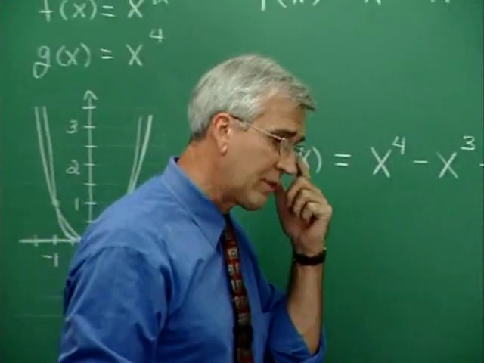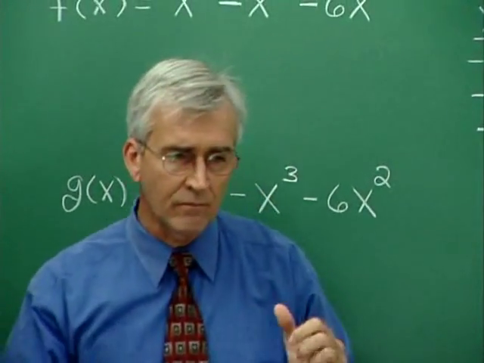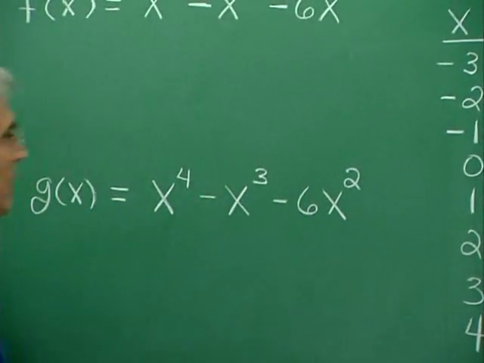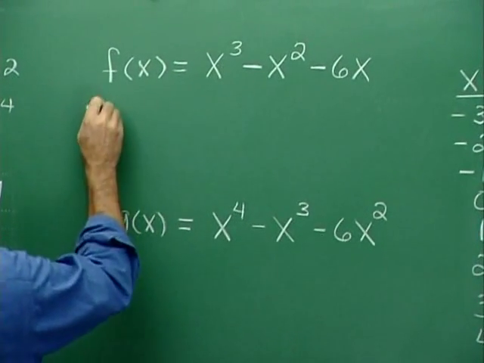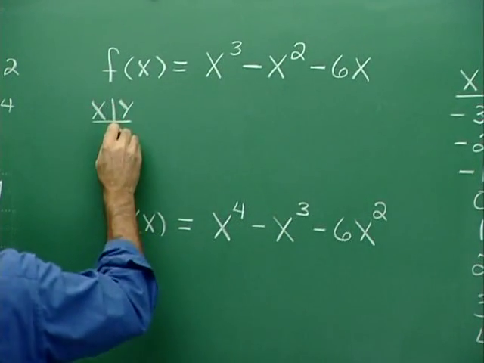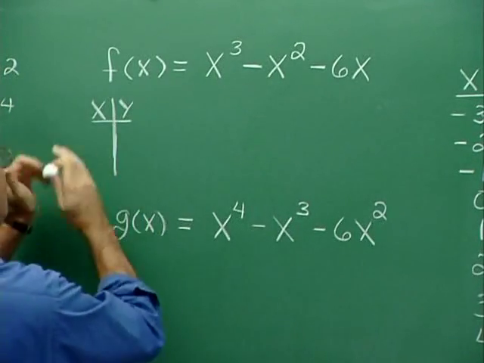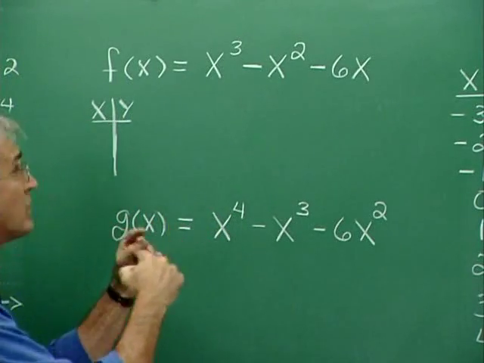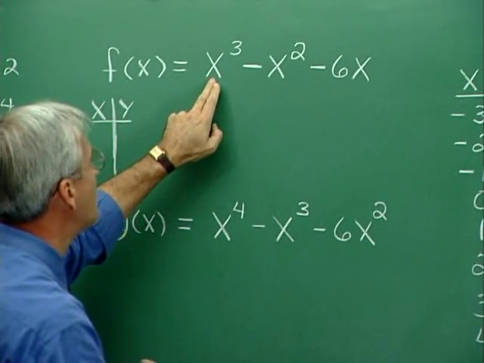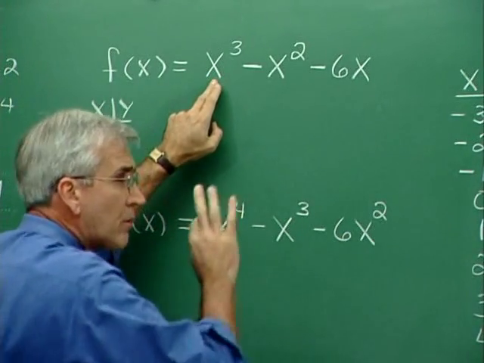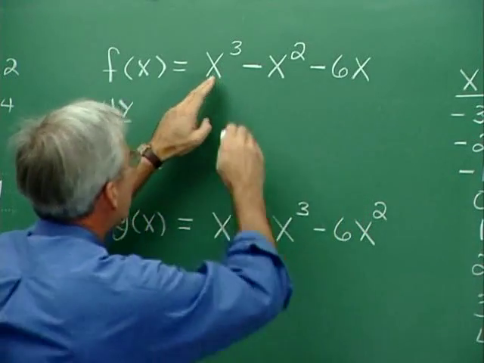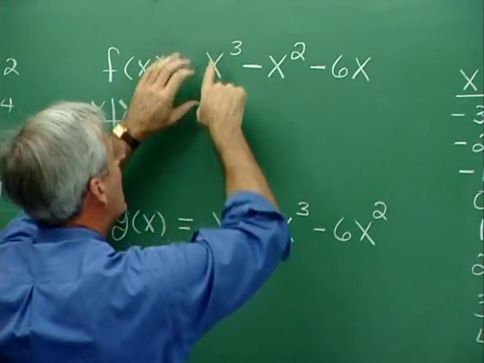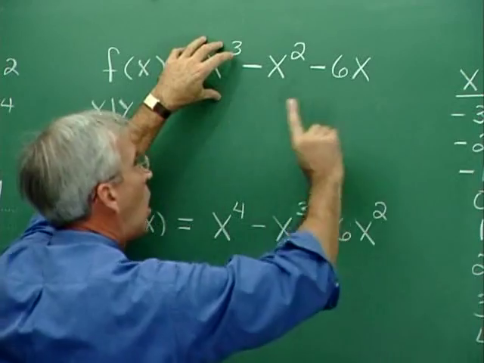If we were thinking about the behavior of graphs at the extremes of the coordinate plane, then this is one thing that's kind of important to realize, that if we were making a table of values, putting in points, checking out x's and y's, then with polynomial functions of higher degree, it's pretty easy to see that if we pick values of x that are sufficiently large, either positively or negatively, then the value of this leading term will turn out to be overwhelming in terms of all of the other terms combined.